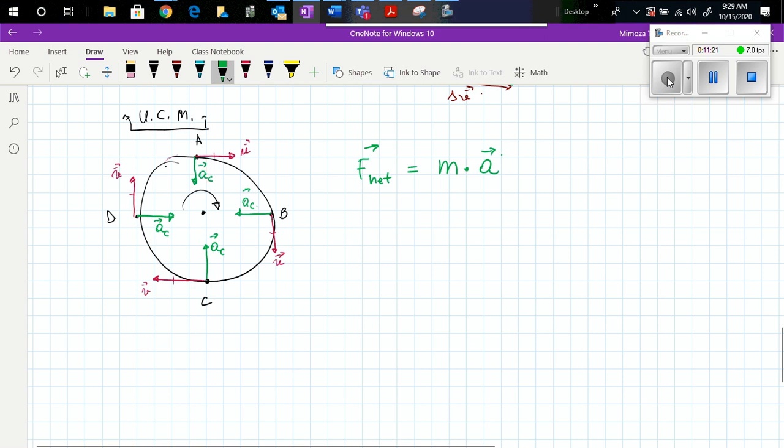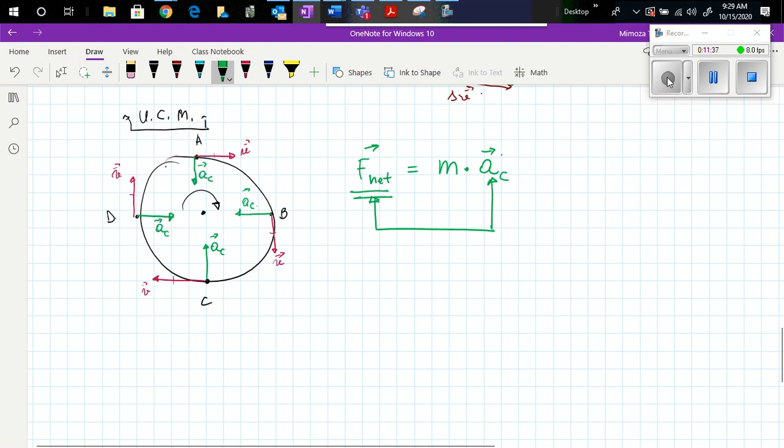Since the object is moving, the net force will have the same direction as the acceleration, which we called centripetal acceleration.